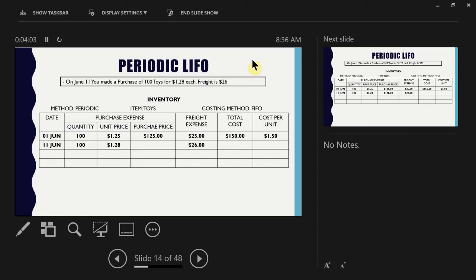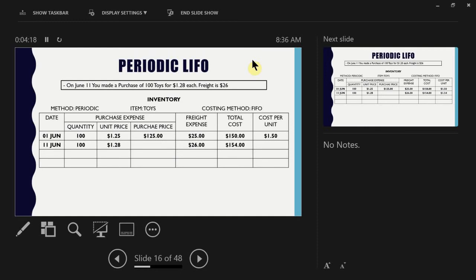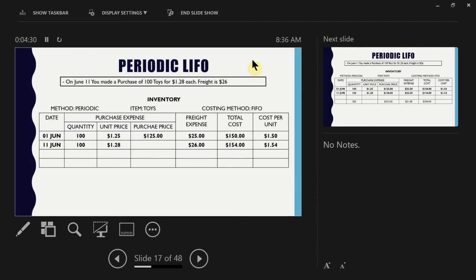Purchase price is straightforward, quantity times unit price, which gives you 128. And then we need to figure out what our total cost is. So in this case, 128 plus 26 gives you 154. And then last but not least, we need to solve for our cost per item. So in this case, we're going to take 154 divided by our total quantity of 100 to give us $1.54.